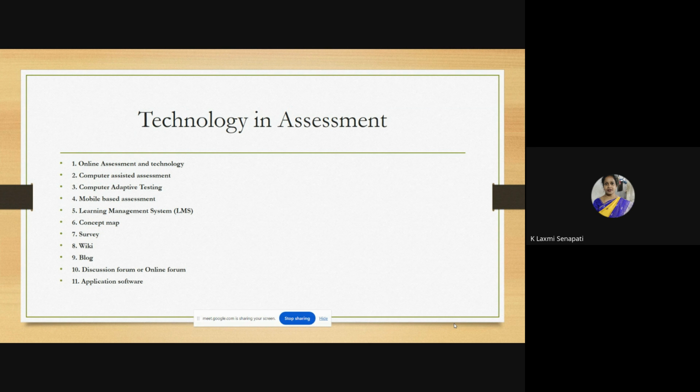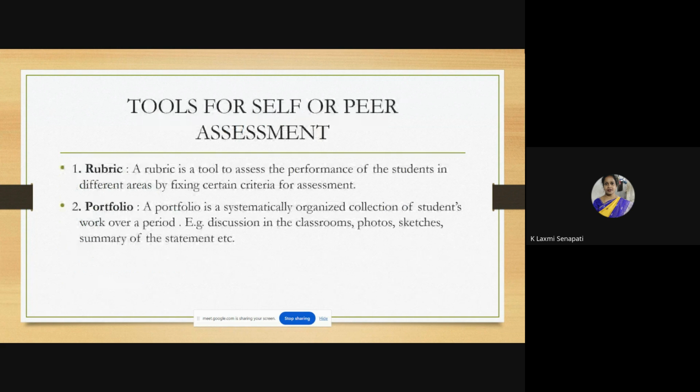And application software: by using this software also we are able to integrate the technology in the teaching learning process as well as in the assessment process.